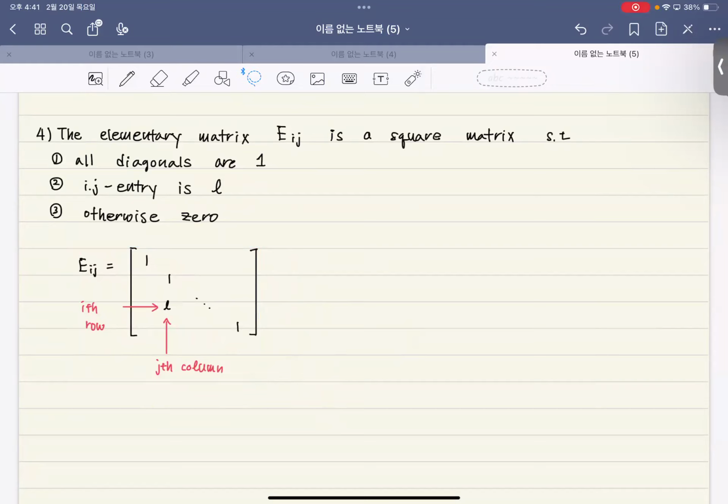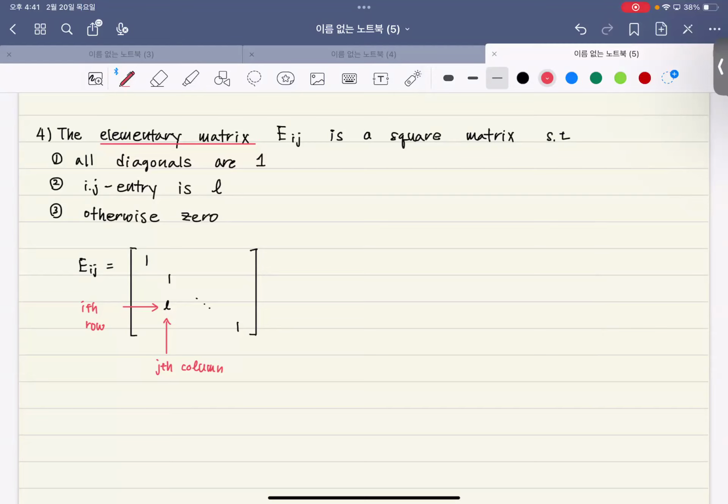The identity matrix is a very special elementary matrix, one whose L value equals 0.